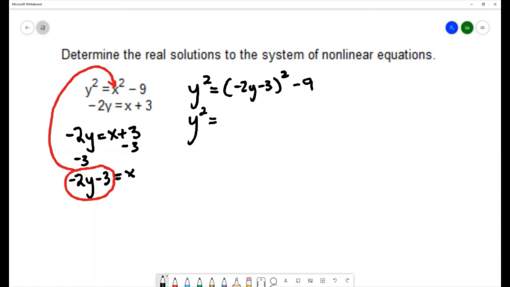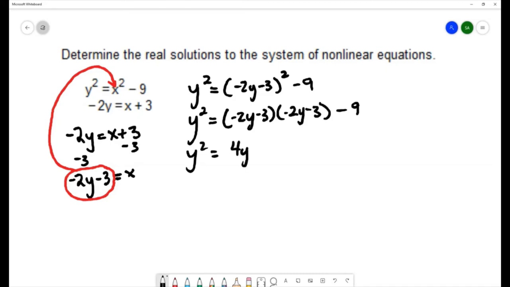Negative 2y minus 3 is negative 2y minus 3 times negative 2y minus 3. Minus 9, we'll multiply that out. We have positive 4y squared, positive 6y, positive 6y, and a positive 9, and carrying down that minus 9.